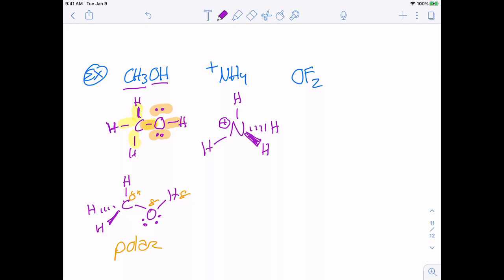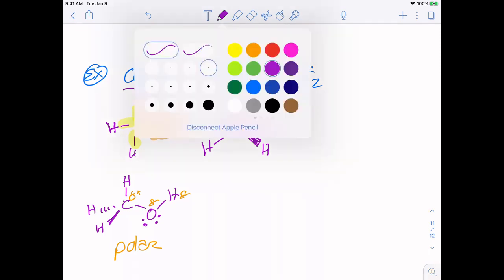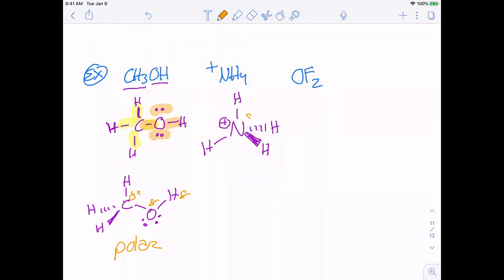This one's nonpolar, it's symmetrical, even though it has polar bonds, right? Nitrogen is a little more electronegative than hydrogen, so nitrogen gets a partial negative. So it has 4 of these, but because it's symmetrical, they're going to cancel each other out, and it's nonpolar.